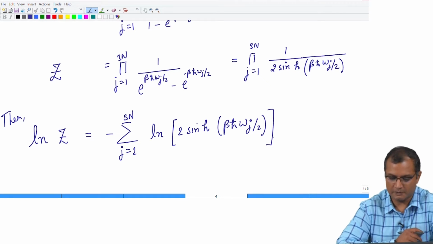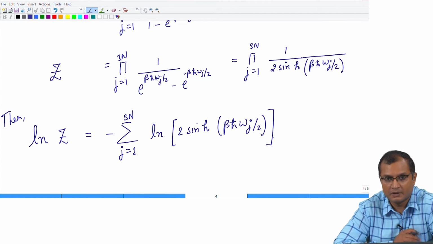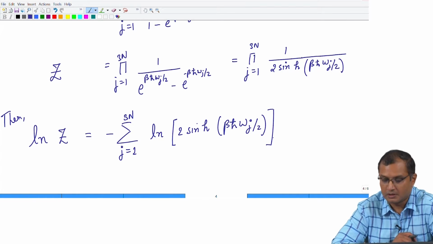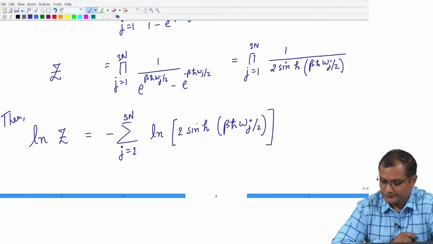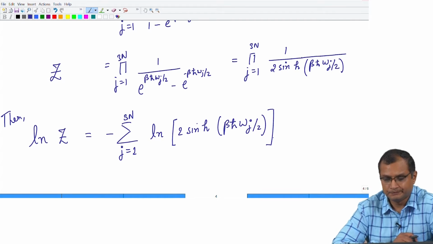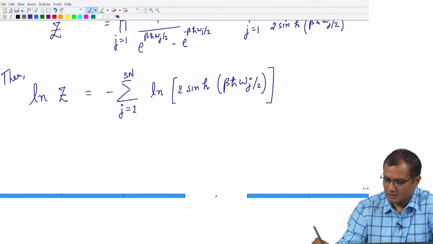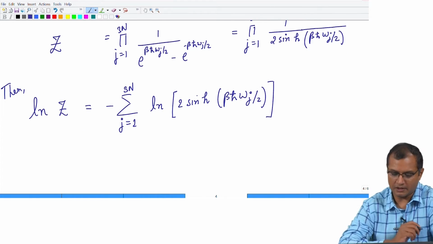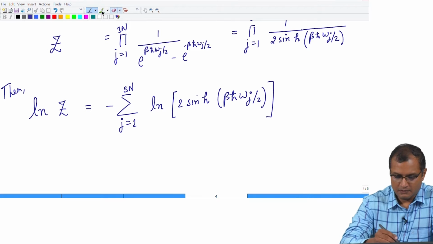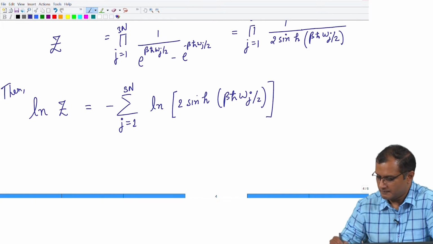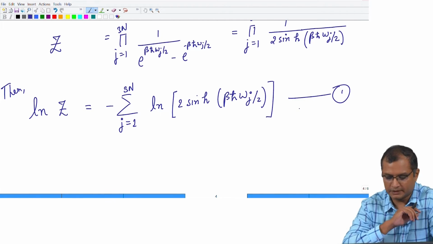That is the expression for the partition function for our 3n dimensional solid. So now you can build thermodynamics from here.